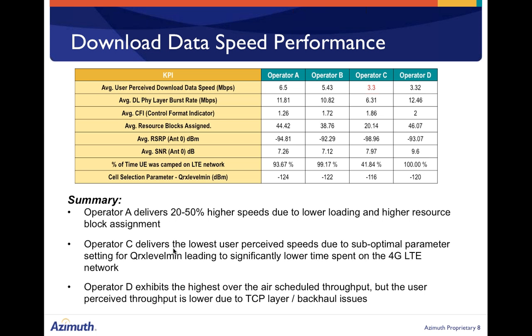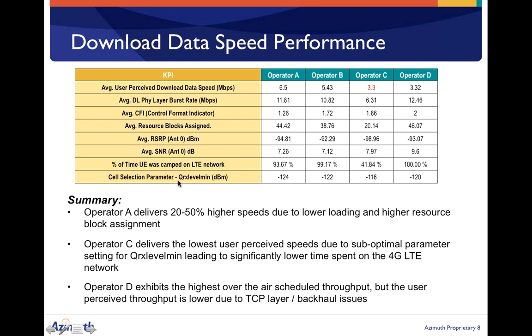So clearly this highlights that when you're looking at operator benchmarking performance, you look at different KPIs to look at all the layers of the protocol stack. You try to correlate the performance to different network settings that influence the device network performance, because even if you may have optimized your RF and created a very good RF in terms of signal to noise ratios and coverage, there are still a lot of key network settings that influence how the device interacts on the LTE network, and all of these need to be looked at holistically to really understand what causes the performance difference.